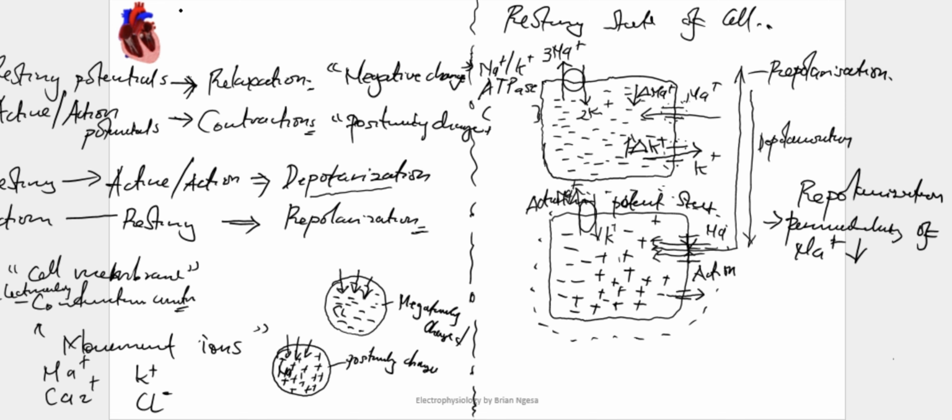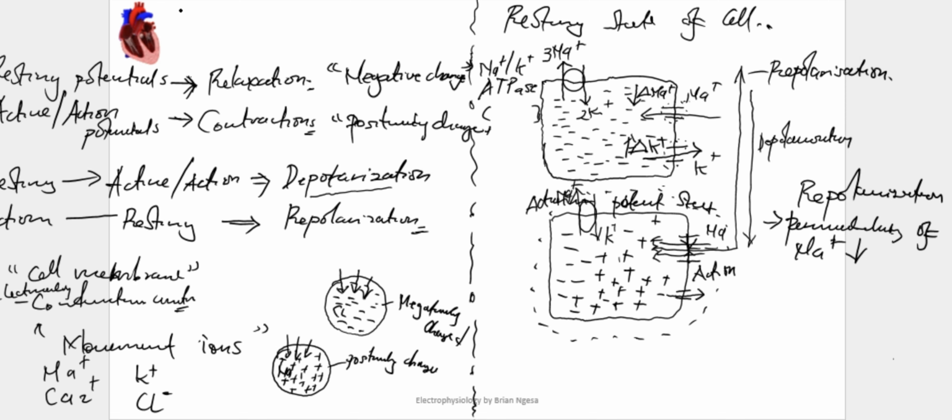Only that what was taking place in the action potential, the number of sodium entering were too many that it overwhelms the active transport, in that in as much as the active transport is extruding out 3 sodium, it is not able to match the number of sodium that is coming in. So that means that the cell will be much positive.